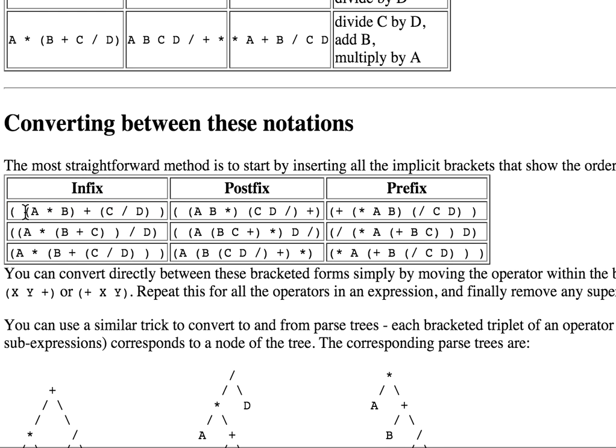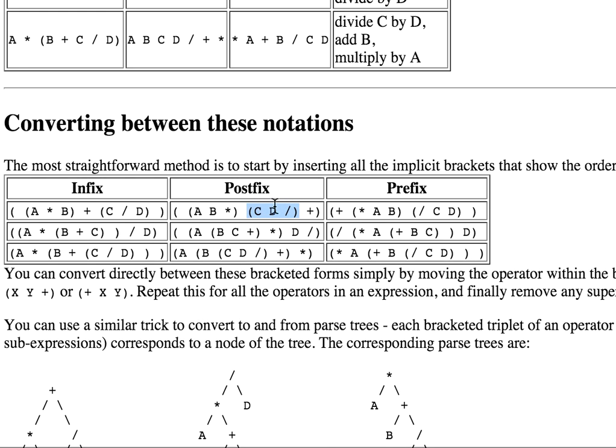Once you have that, we have a times b, so the operator is in between. For the postfix notation, put the operator after the operands, which means a, b, and asterisk, or times. Then c divided by d, where the operator is in between. For the postfix, put the operator at the end, so it is c d division. Consider this one just one operand.